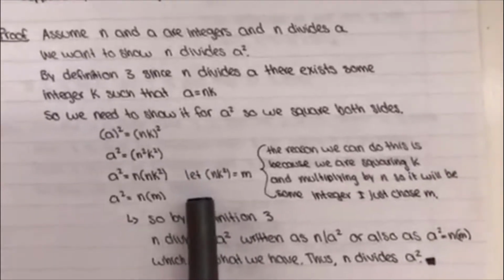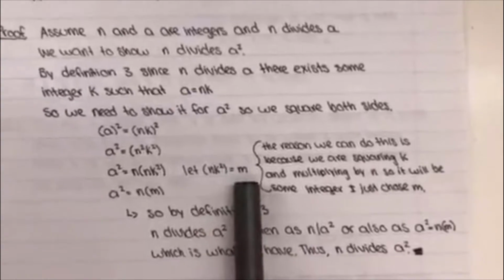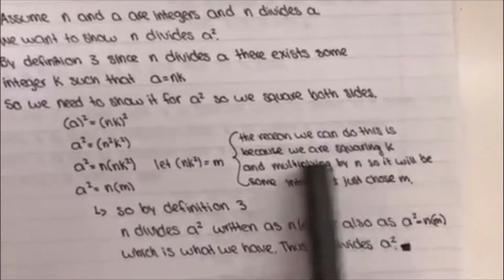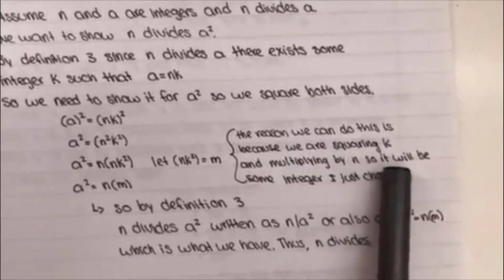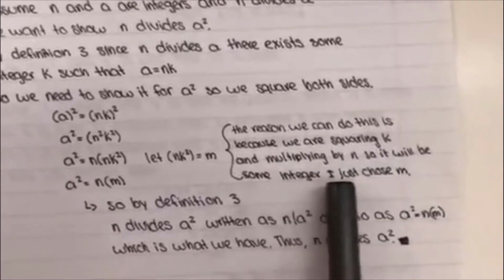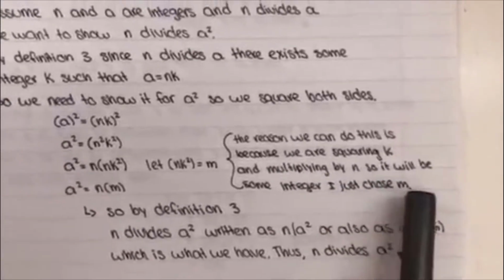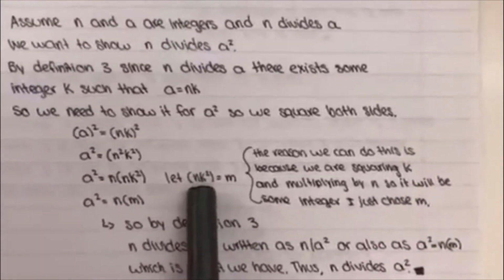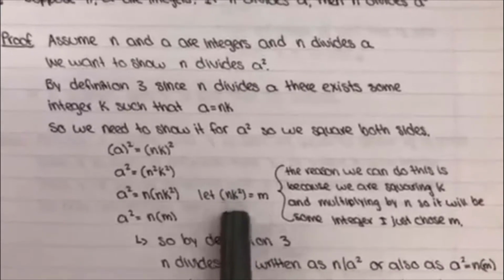Now we let nk squared equal to m. So the reason we can do this is because we are squaring k and multiplying it by n, so we know it will be some integer. I just chose for it to be m. So again, like other examples before, this in the end will be some integer.